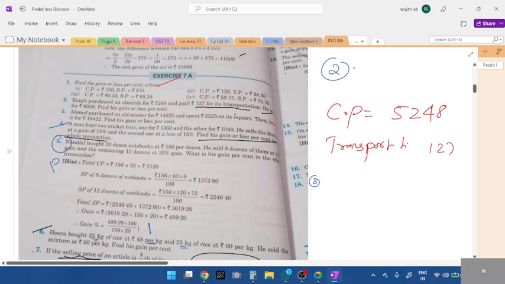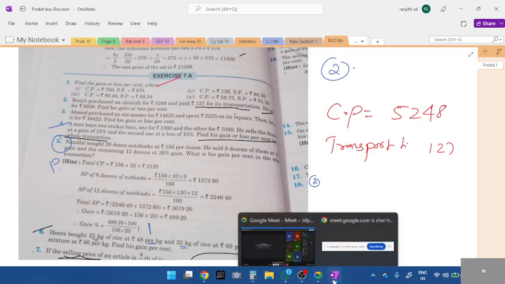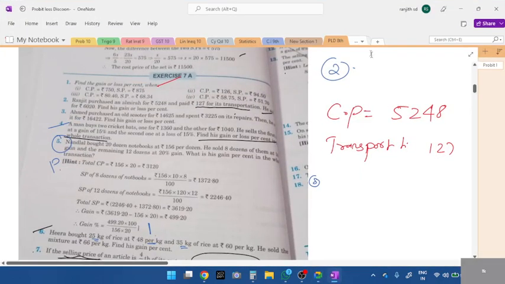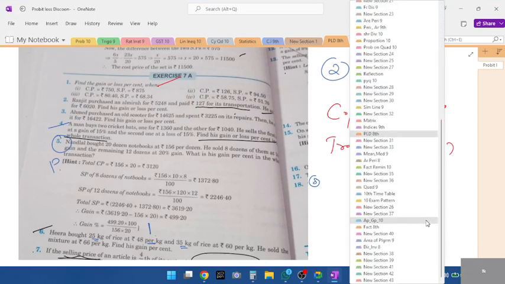Look at the third question, all of you. 16,022. But what did I give here? 16,422. What did I give? Okay, it was my mistake, students. I don't know from where I've taken 6020. 16,422. Where is that?